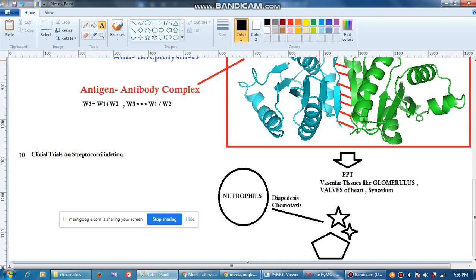Once he orders an ASO test, suddenly he will see that something is seriously wrong, because the normal range is 200 odd units. Many a times it is female, male also. It is not RA, not completely autoimmune rheumatoid arthritis, but it is rheumatic fever and rheumatic disease. So in that case what happens?